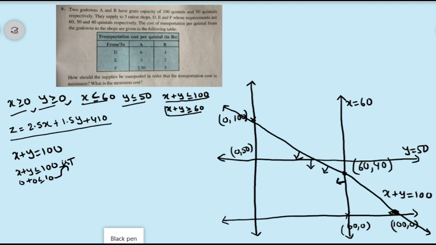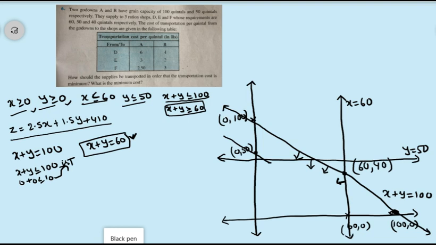Now the final one, we have to draw the line x plus y greater than or equal to 60. For that, first of all we have to draw the line x plus y is equal to 60. Take care, x plus y is equal to 60, passing through the point 60 comma 0 and 0 comma 60. This is the line.